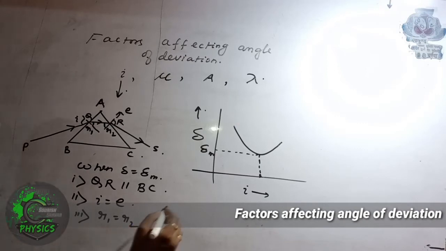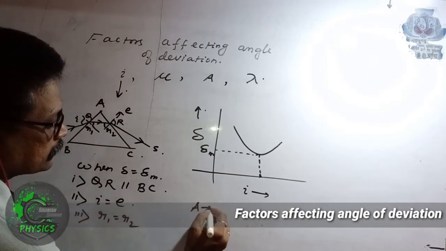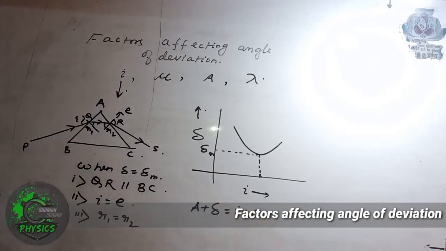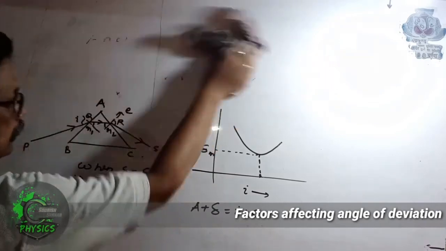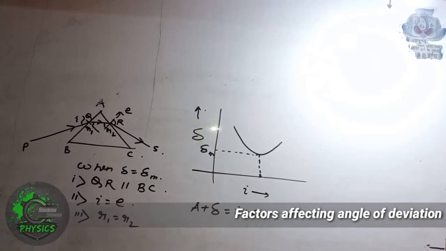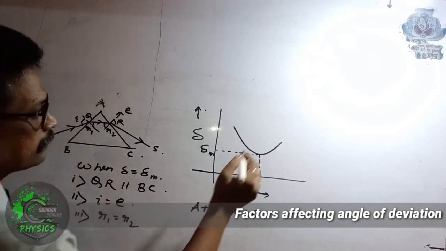Now we have the equation A plus delta equals I plus E. We derived this equation in our previous lecture. Now let us see what change we find in this formula at minimum deviation.